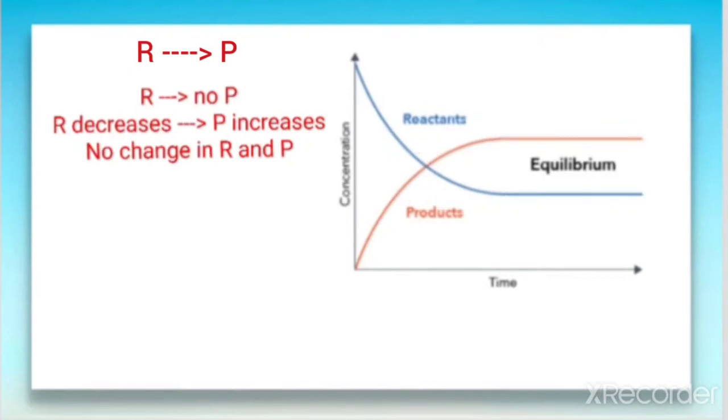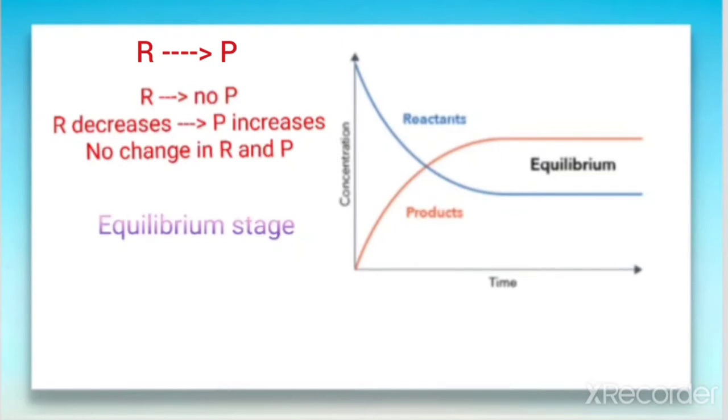So in this stage the concentration of reactant is not changing and the concentration of product is not changing. That is clear from this plot that the value is not changing. So this stage is actually called the equilibrium stage.